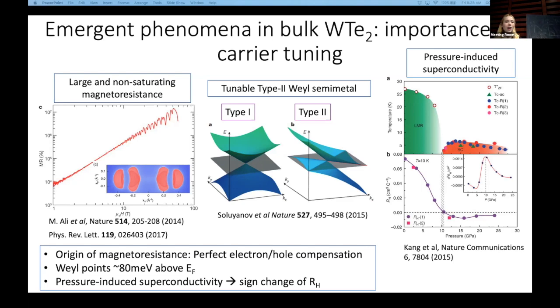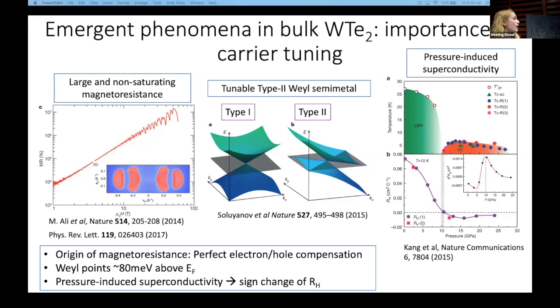But there are transport signatures that support this prediction, which I can't comment on the veracity of because it's not my expertise. But for the transport signatures to be observed, one has to electron dope, because the Weyl points are located approximately 80 millielectron volts above EF. And finally, another exciting result in bulk tungsten ditelluride is the observation of pressure-induced superconductivity, under hydrostatic pressure.